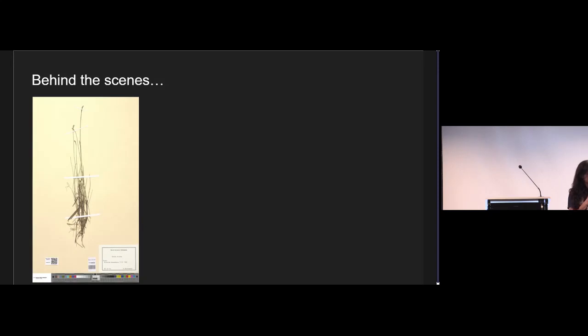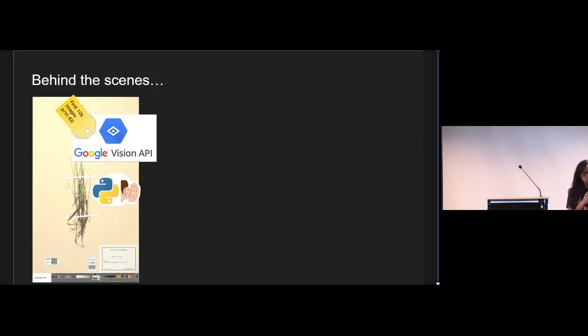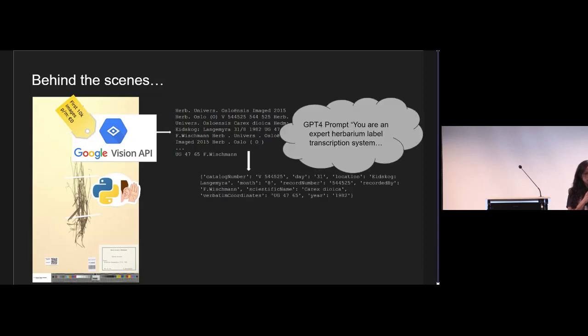So we have an image which gets uploaded, and we have a Python script which hears that upload event. It sends the image to Google Vision API. From Google Vision API, we get back some text, all of the text that's basically on the label, which looks like that. We send it to GPT-4 with a prompt asking it to give us Darwin core terms back.